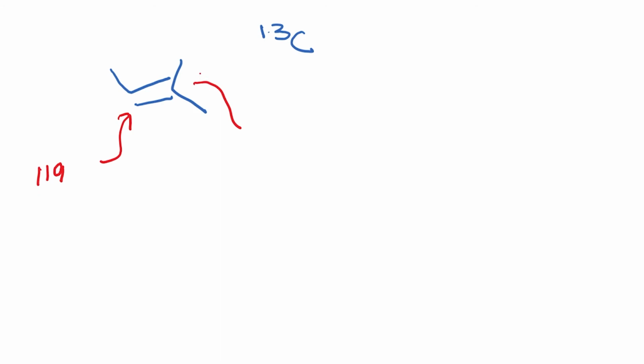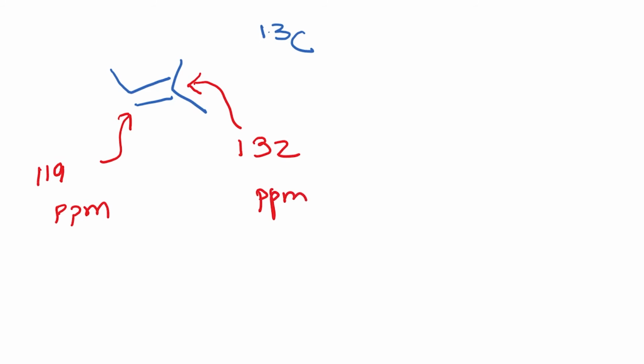Here, if I take a traditional olefin such as this, then the C13 NMR spectrum shows that this carbon appears at 119 ppm, and this carbon shows up at 132 ppm. These are all values in ppm.